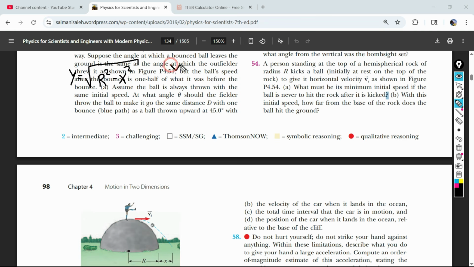And then the equation of our projectile is going to be negative 5x squared divided by v squared, plus r.